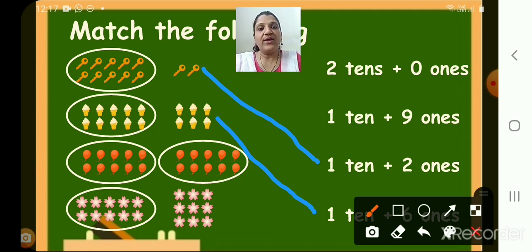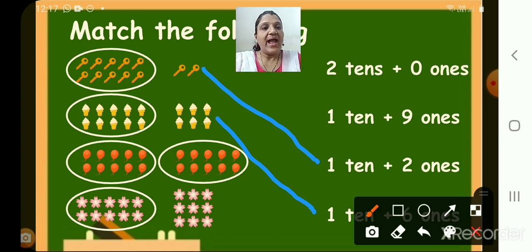Here we find 2 groups of balloons and each group contains 10 balloons. So here we find 2 groups of 10 balloons each.